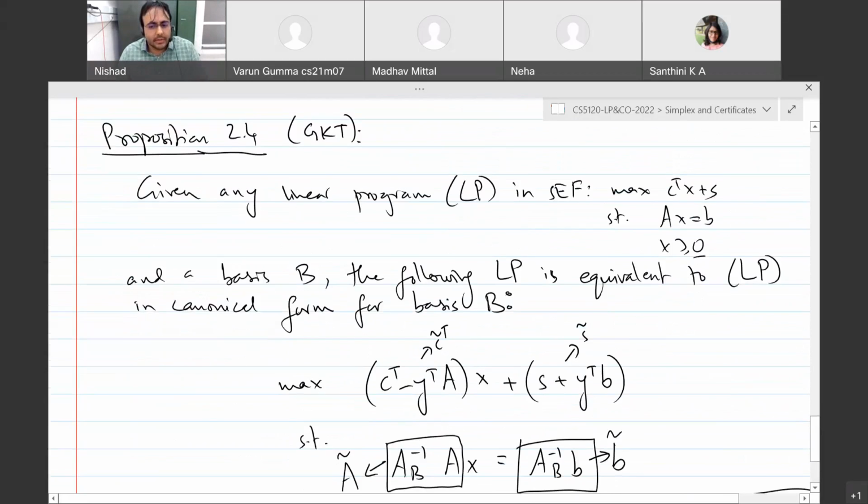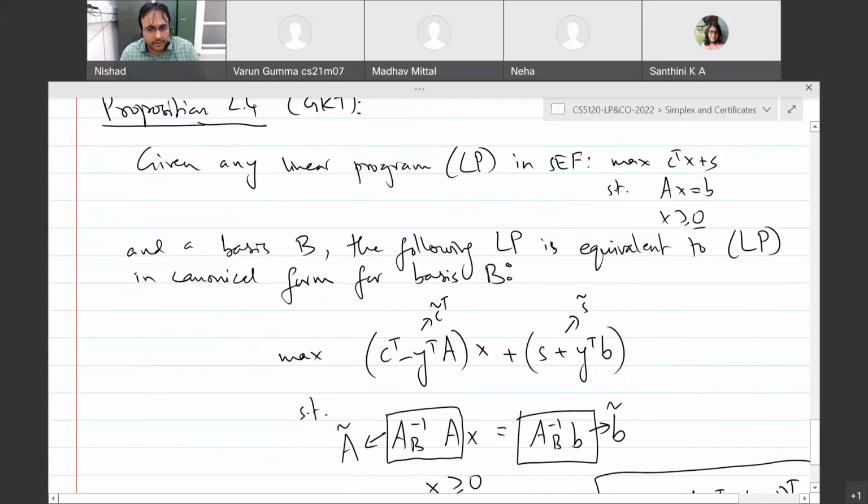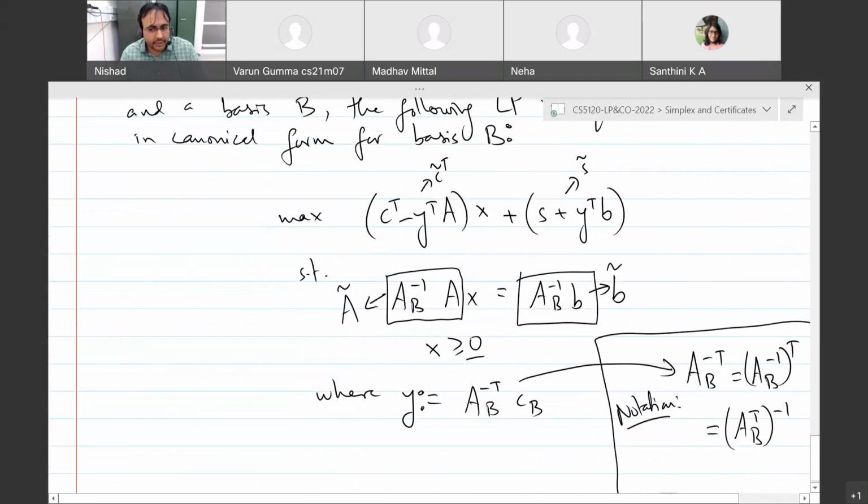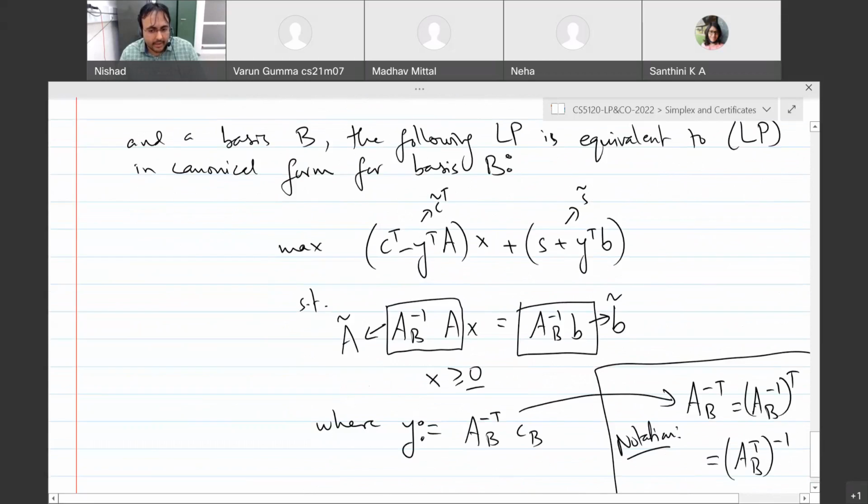Are there any questions or concerns regarding how we got to this proposition? I mean, we essentially proved it, right? We essentially found out what we need to choose y so that those entries become 0 in the new objective function.